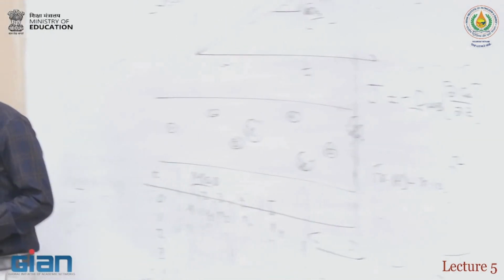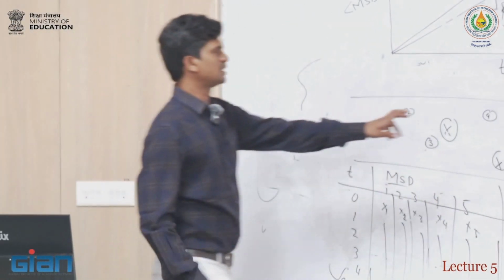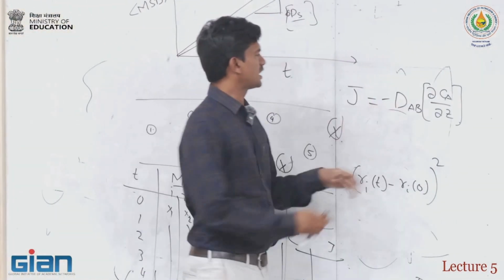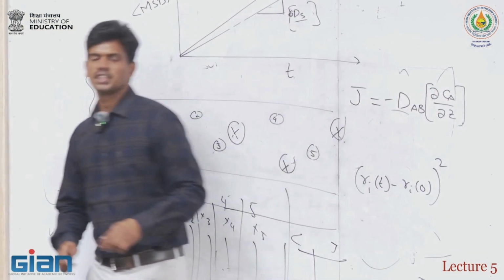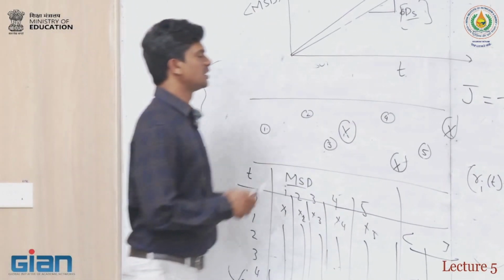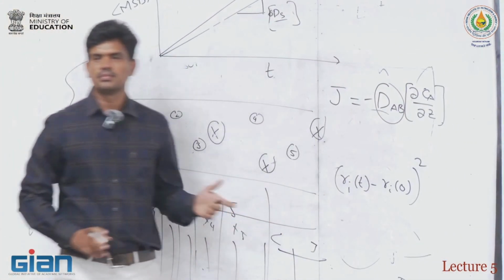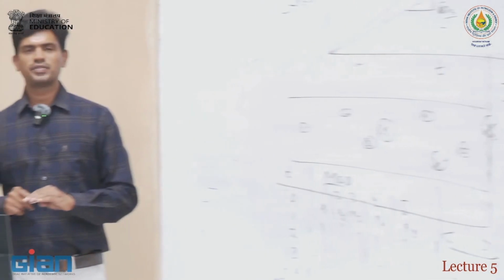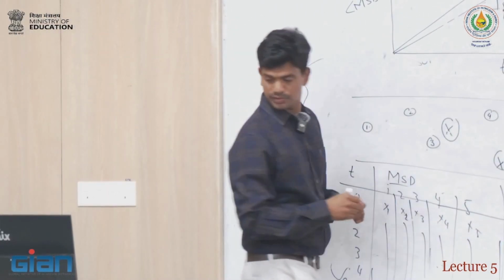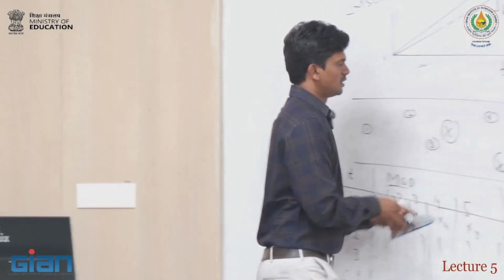When we write the flux, it is directly proportional to the concentration gradient, and we assume that concentration will not affect the diffusivity. But that will not be the case, as diffusivity is a function of concentration.